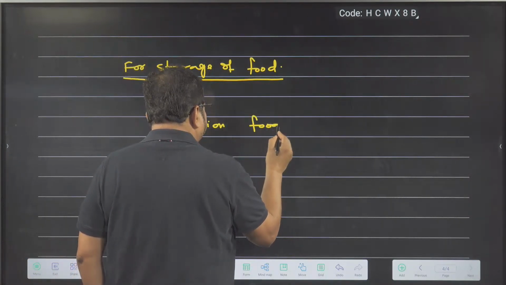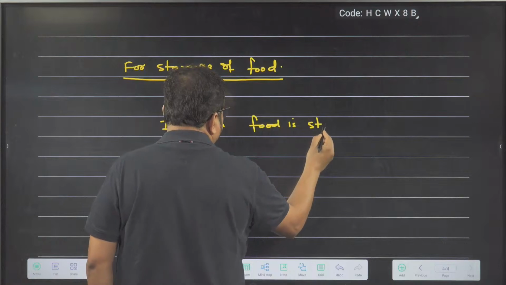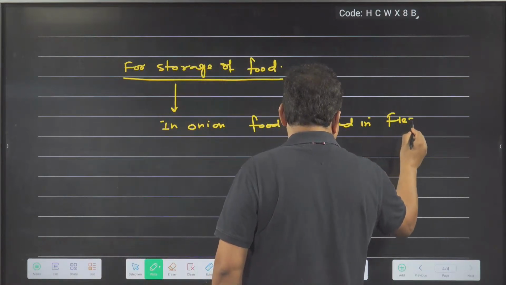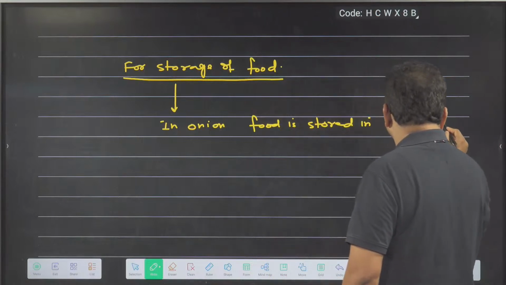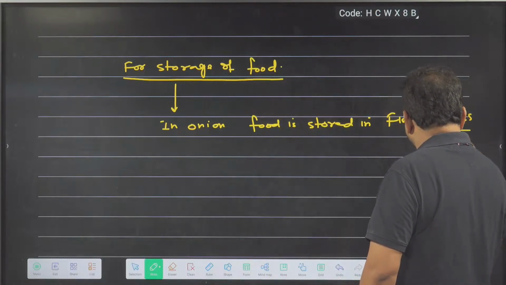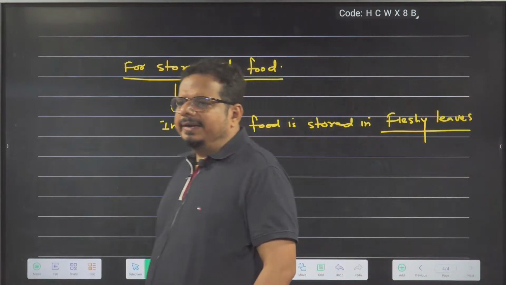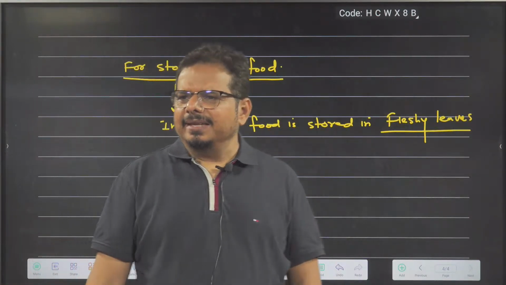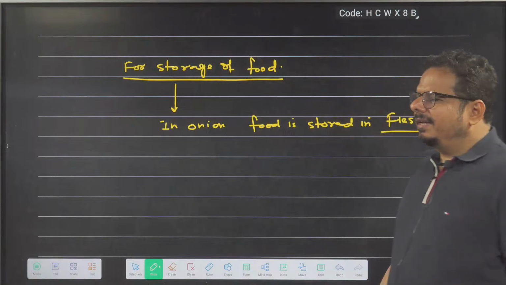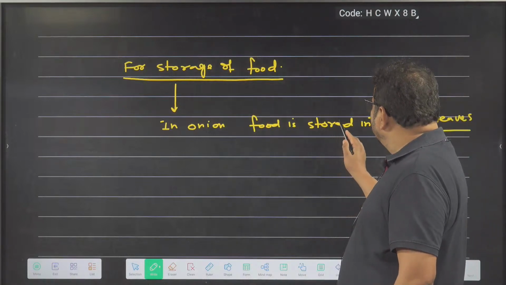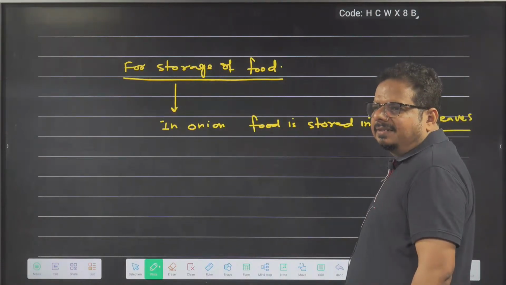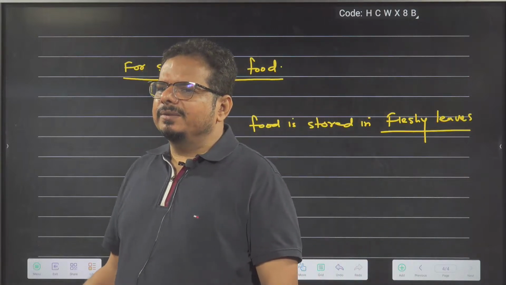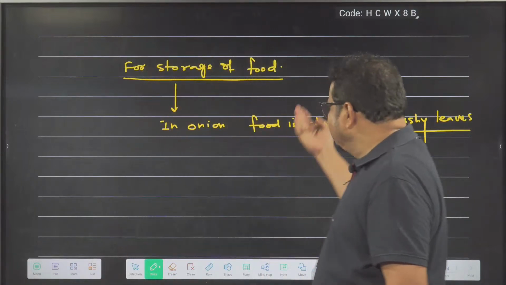Food is stored in fleshy leaves. So what you are eating in onion is fleshy leaf. Are you getting the idea or not? So here in onion, the leaf is modified to store food. What is the edible part of onion? The fleshy leaf. Done?